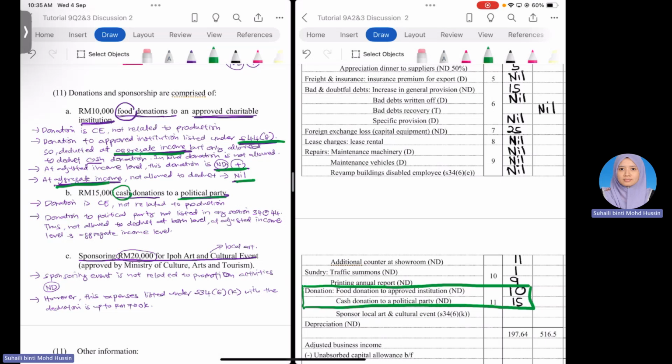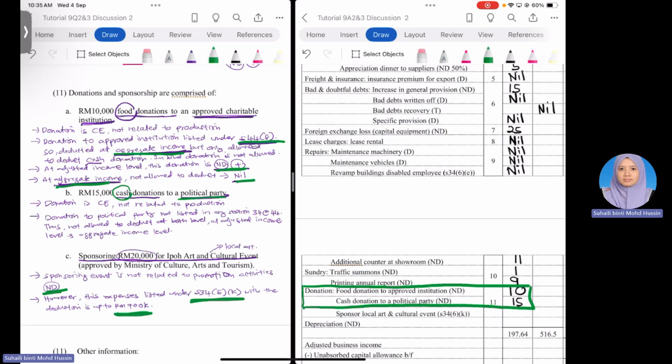So at first level, this is not allowed for the deduction. However, when the company makes a sponsorship, the government allows deduction under a specific section, section 34 subsection 6 sub K, because the government wants to encourage companies to help such activities. Allowed for deduction up to 700,000 ringgit.